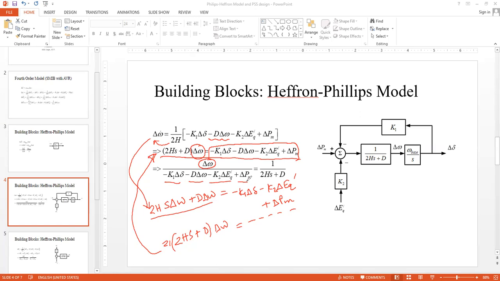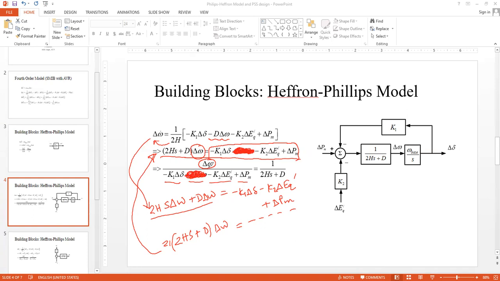Oh, I've made a mistake probably. Yes, this shouldn't be here, as this is already taken to the other side, so I have to correct it. I will fix it later because this has come as an image. So there's a mistake, and you have to correct it.